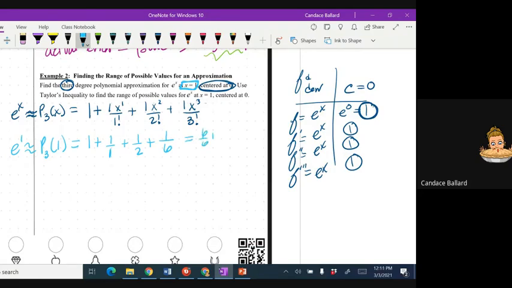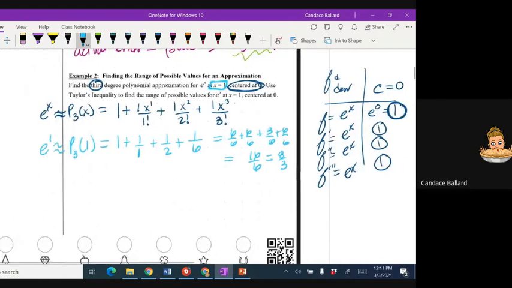So 6 over 6 plus 6 over 6 plus 3 over 6 plus 1 over 6. I would end up with 16 sixths, which equals 8 thirds. So I know that e is about 8 thirds, estimated with a polynomial at 1.